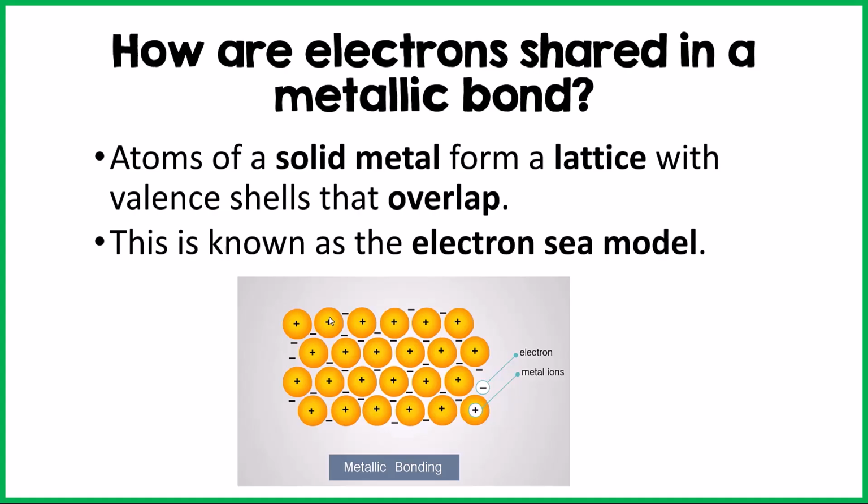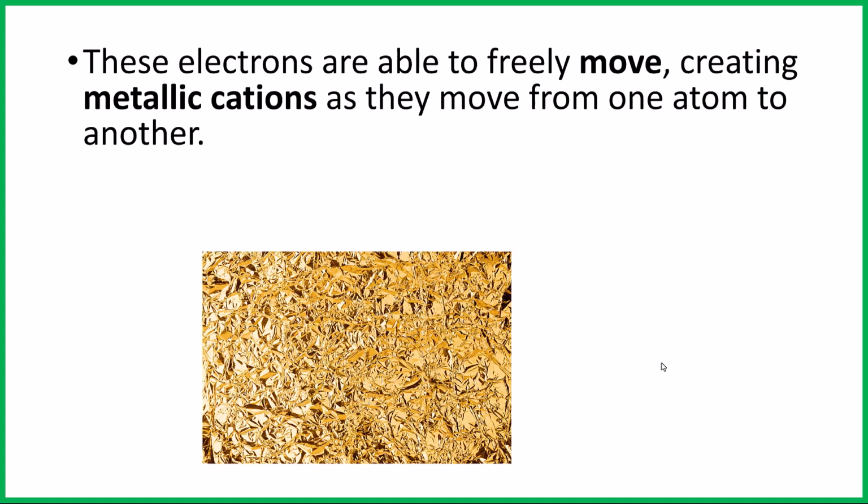And this is known as the electron sea model, because the electrons are sort of floating around in a sea around these cations of metal. The electrons are able to freely move, creating metallic cations as they move from one atom to another.